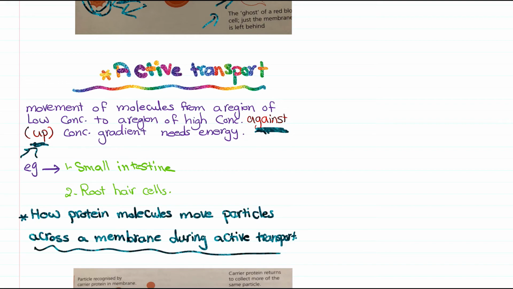That's why they move from lower to higher by active transport. That's why one of the common adaptations of the small intestine is the presence of a high number of mitochondria, which is needed for respiration to produce the energy needed for active transport.